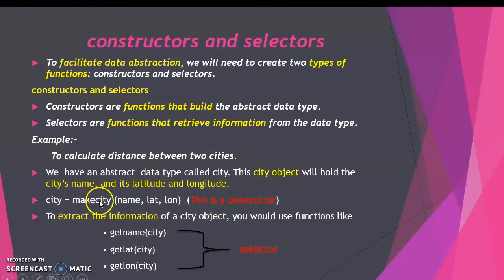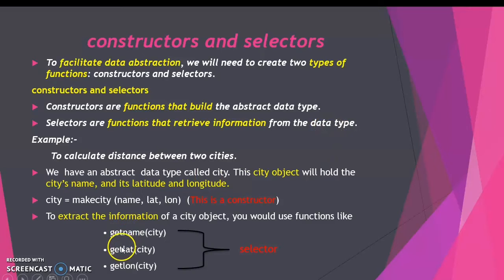To extract the information of a city object, that is, the name of the city, the latitude and the longitude, we can use the selector functions. Selectors are the functions used to extract or retrieve information from the abstract data type.